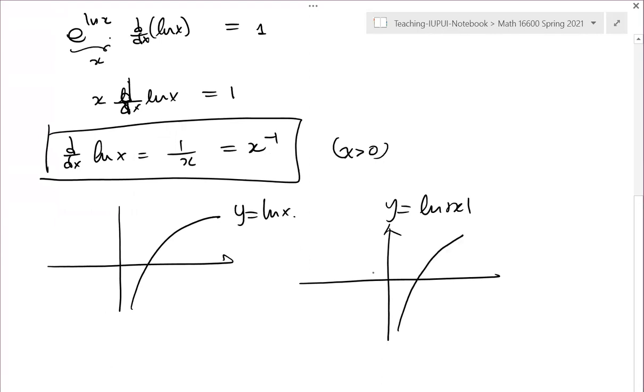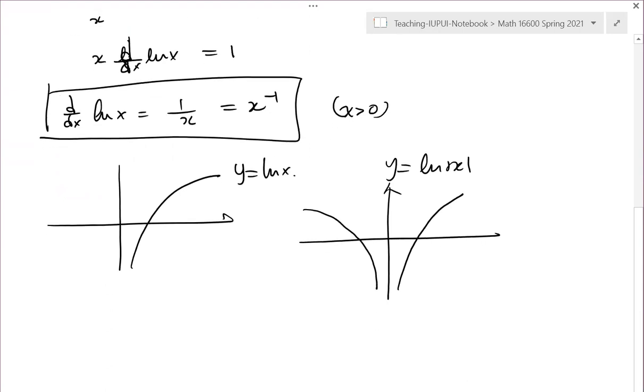When x is negative, the absolute value of x is going to be x if x is positive, negative x if x is negative. So for the graph of natural log of absolute value of x, we want to find the derivative.